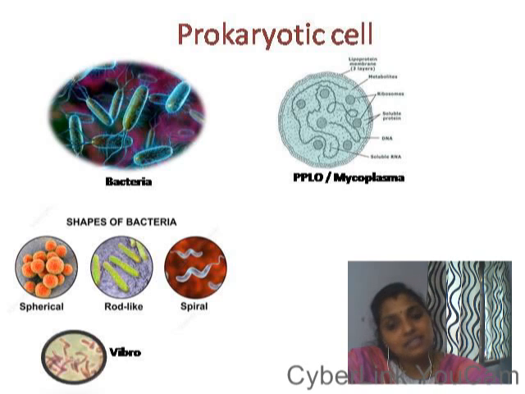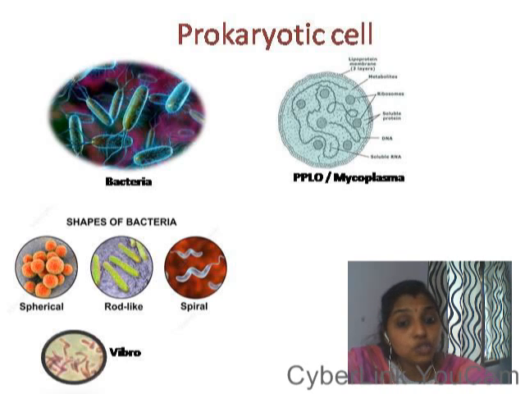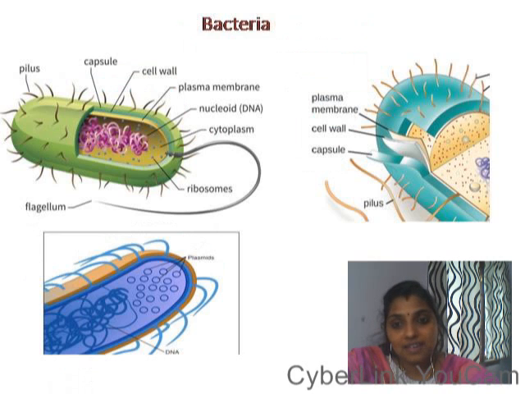Now we see bacteria in nature in different shapes. Spherical, rod, spiral and vibrio are the different shapes of bacteria we find in nature. When we see bacteria in detail, we find that externally the bacteria has different coatings or structures which cover or protect it, and internally it has the cytoplasm.